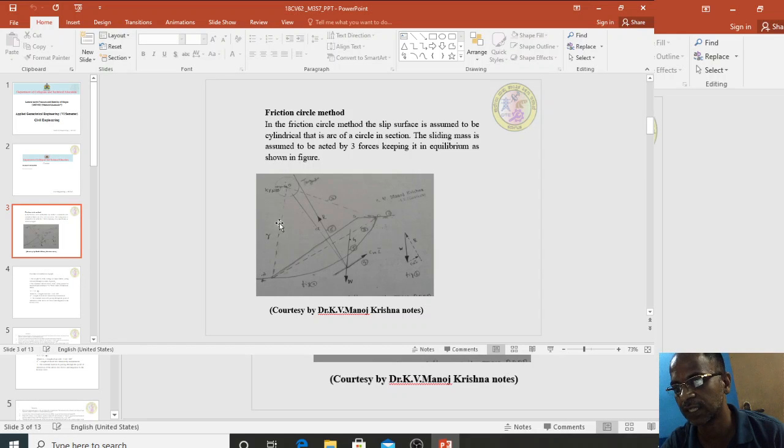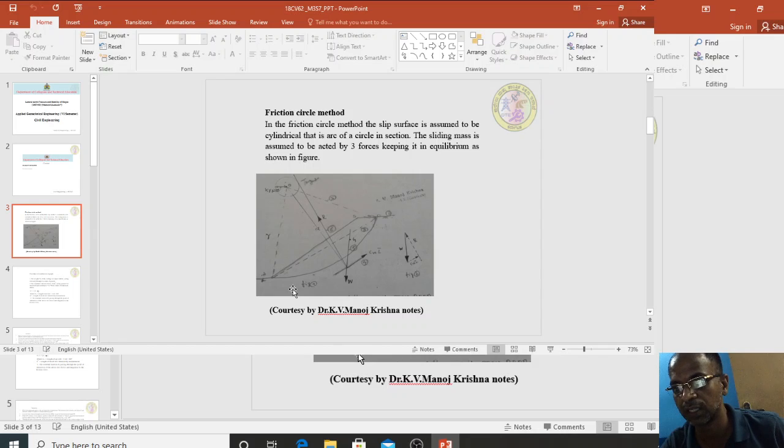O is the center, OA is the radius, and the distance at which the sliding soil mass is acting. With O as the center, R sin phi is the radial length at which the friction circle is acting. Now we have to construct this.